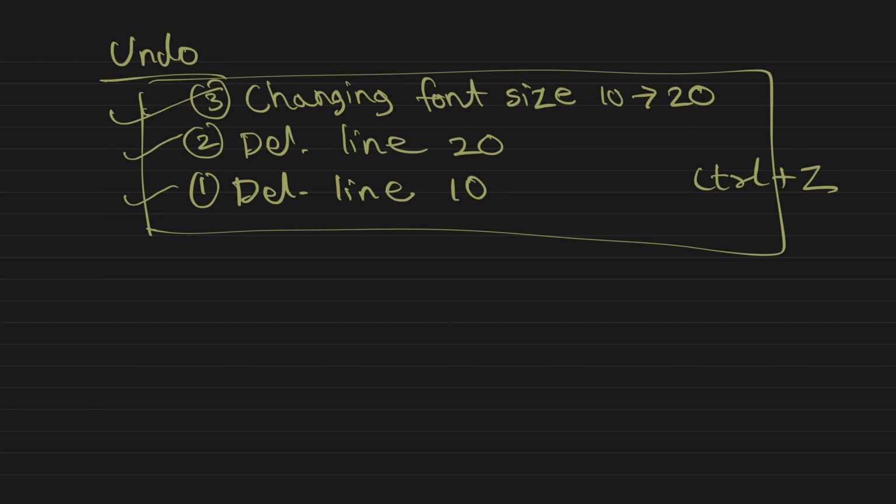When we look at the order in which the items were added to the stack, it was from bottom to top. First you deleted line number 10, so that was added at the bottom. Second you deleted line number 20, so that was added after the first action, and at the last you changed the font size, so that action was added to the top of this list.